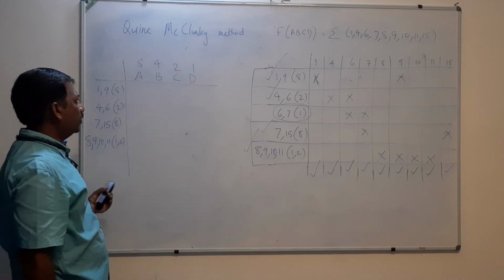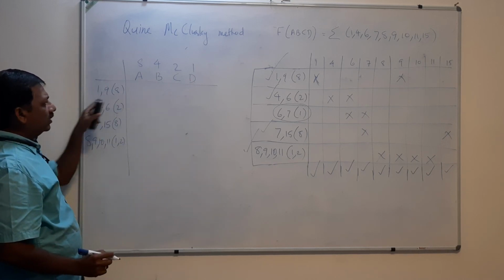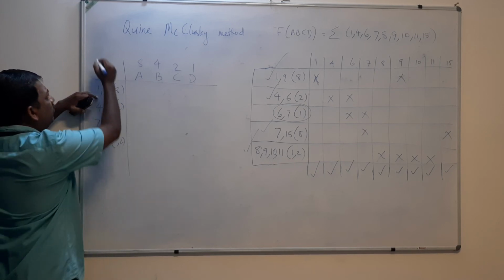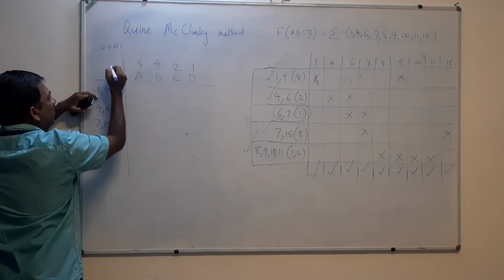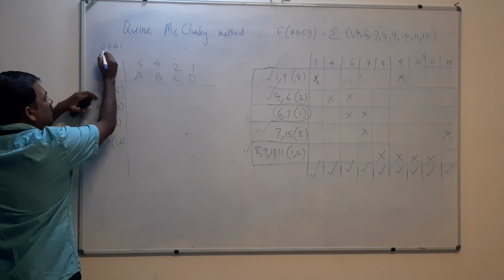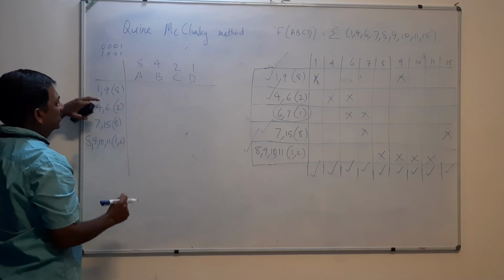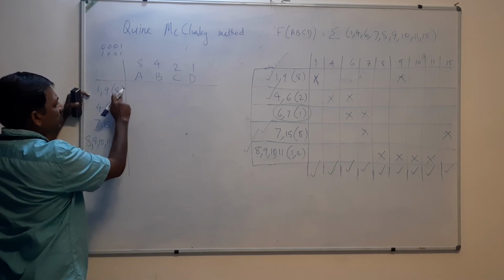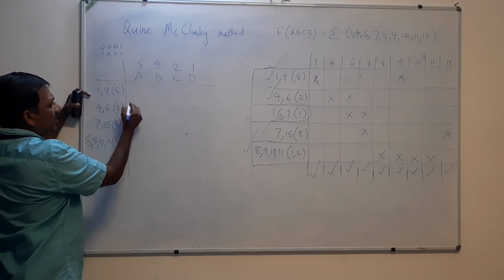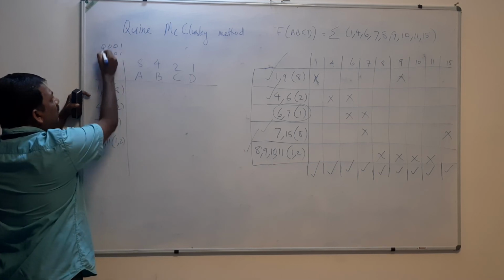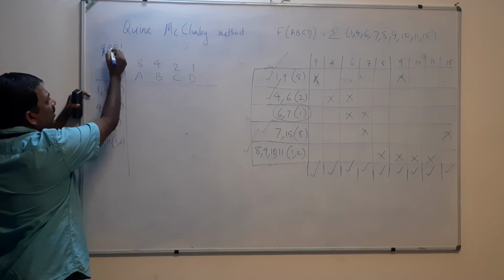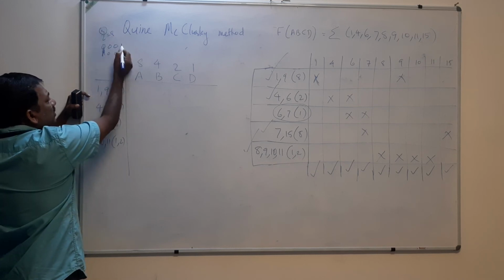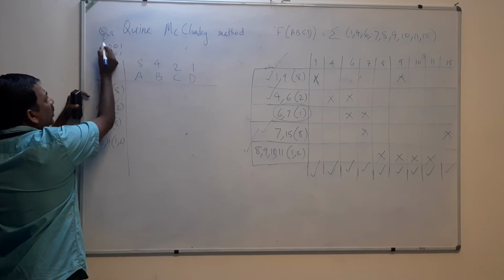Now 1 and 9. The code for 1 is 0001 and the code for 9 is 1001. That means it differs in the 8 position, which is 2 raised to 3, location number 3: 0, 1, 2, 3.